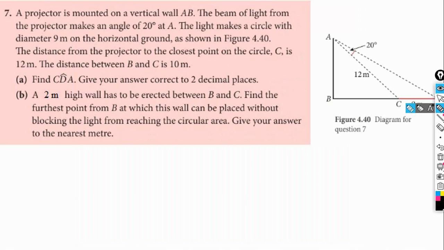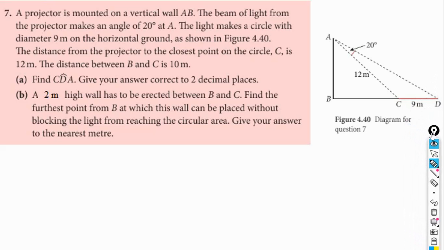Very well. So here we are on question number 7. I'm going to move this here a little bit so we can see better. It says a projector is mounted on a vertical wall, AB. So this is our vertical wall, AB.